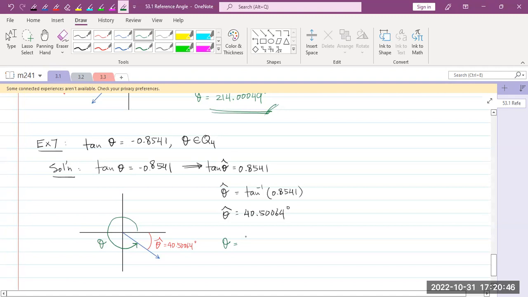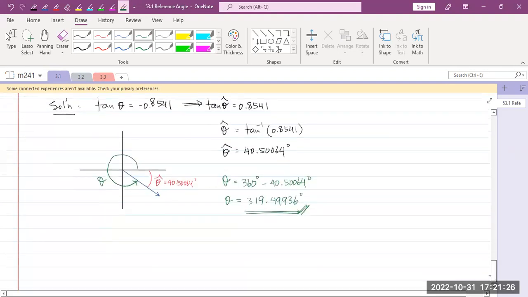Because theta, the one in green, plus theta hat, the one in red, is supposed to add up to 360 degrees. So the theta that we're looking for is 360 degrees minus the reference angle. That is theta equals to 319.49936 degrees.